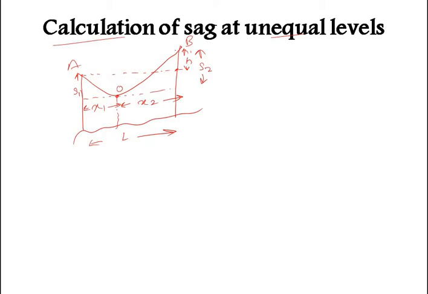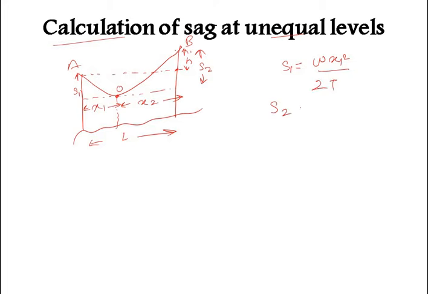Now from this diagram we can evaluate S1 is equal to W, the weight of the conductor, into x1 square, because x1 is the distance from point A to point O, the lower point, divided by 2T.